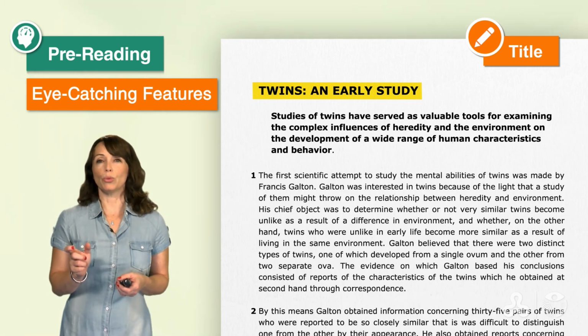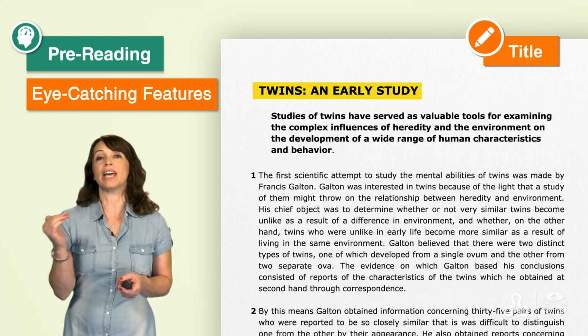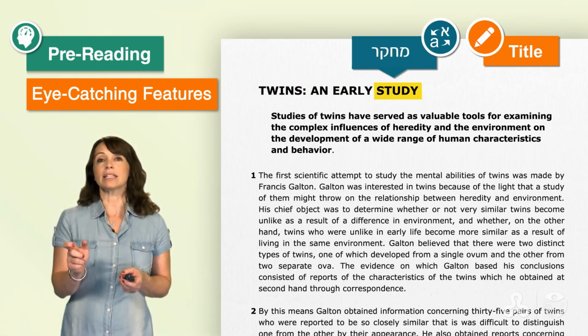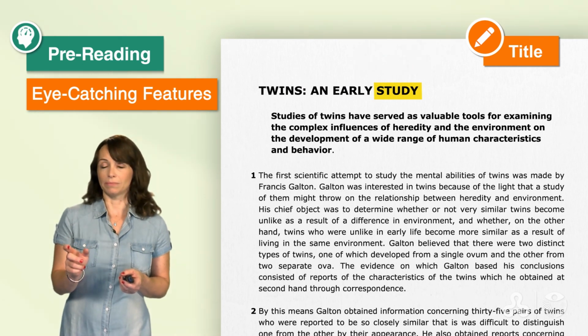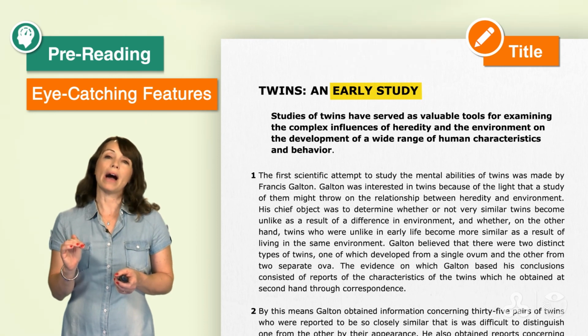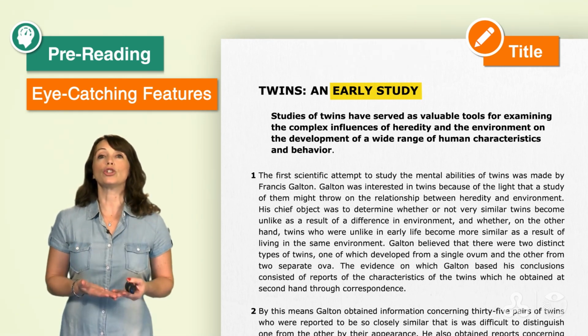So again, when you have 2 words together in English, we usually translate from the last word and we go in the opposite direction. So the word study here means research, okay? An early study. So we're going to be reading about an early study, okay, that was done on twins.